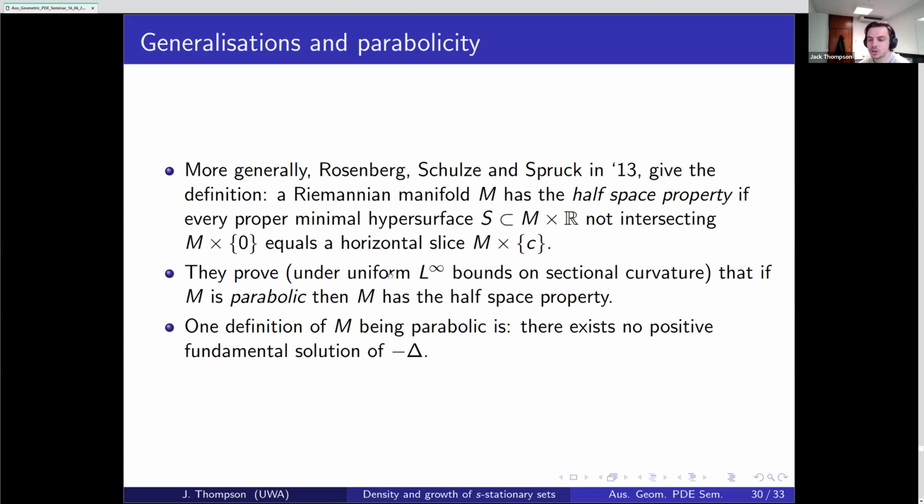So I should mention that these uniform L infinity bounds are not necessary, and they were weakened by Colombo, Magliaro, Mari, and Rigoli to just a lower bound on Ricci. So given a lower bound on Ricci, this same result still holds. Okay, so this is the summary of the classical case.